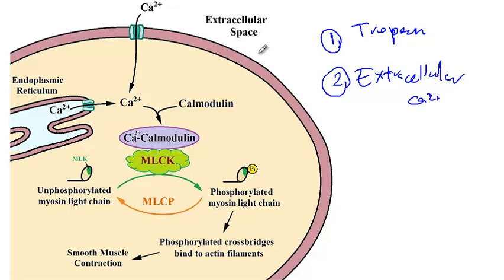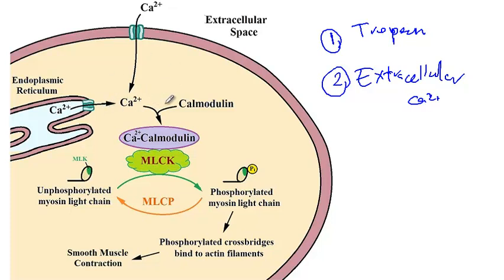So now let's discuss the mechanism of smooth muscle contraction. Following depolarization of the smooth muscle, there would be activation of the calcium channels that will allow influx of extracellular calcium into the cell. And then there will be later further release of calcium from the endoplasmic reticulum.